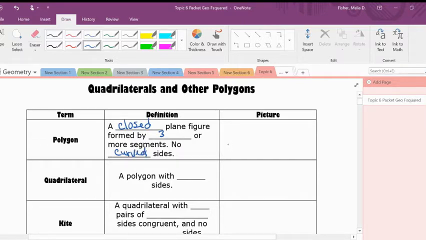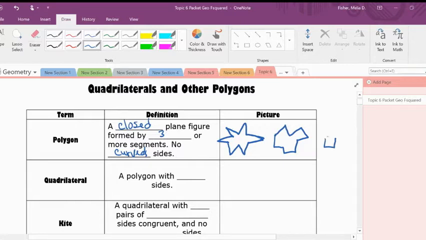So for instance, this is a polygon. If we imagine that those are perfectly straight sides that I drew, it's closed, the sides are straight. This is also a polygon. All of them straight sides.